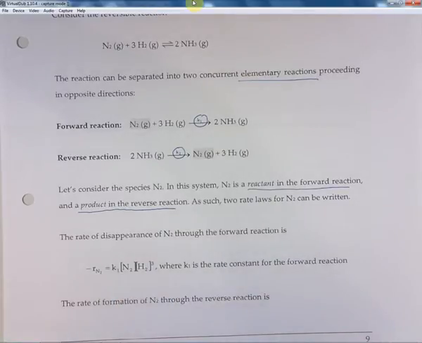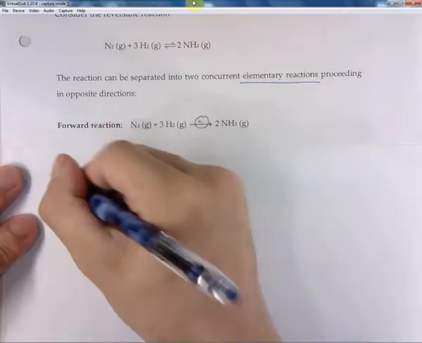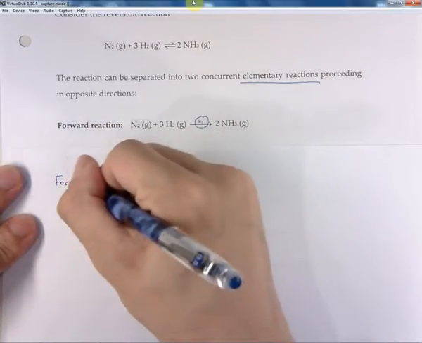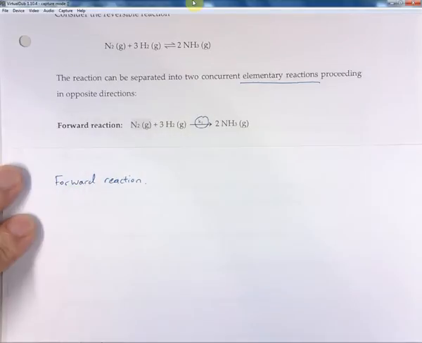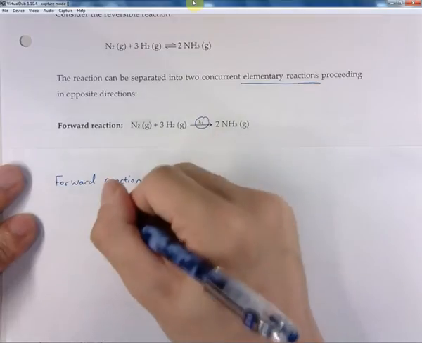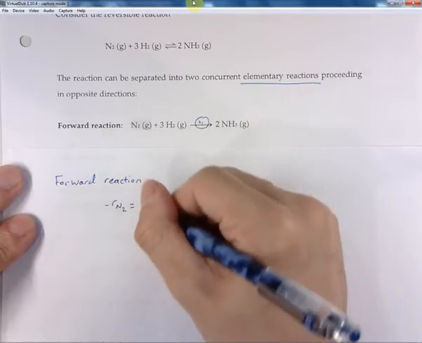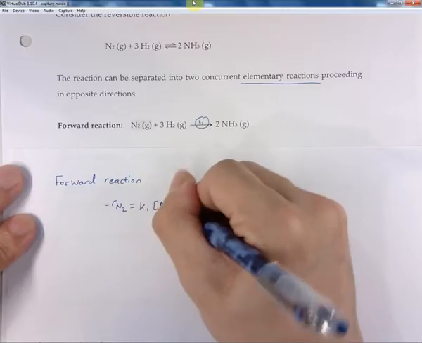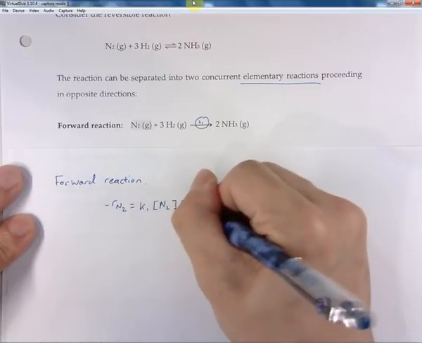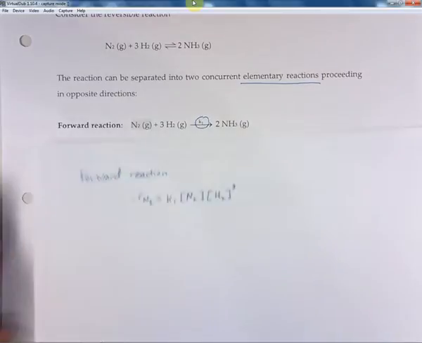Looking at the forward reaction, the rate of disappearance of N2 will be K1 times N2 and H2 cubed. So this is your forward reaction.